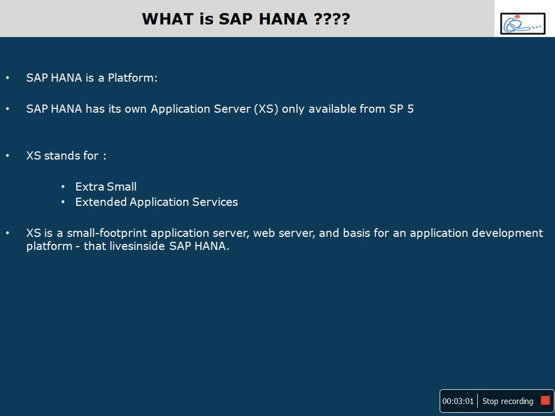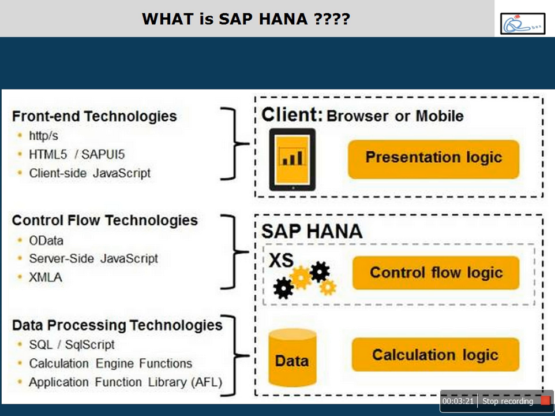We call it the extended application server, or extra small engine. From SP5 they started this engine, referred to as the extended application server. Very, very important. Now we'll see what this is actually doing.